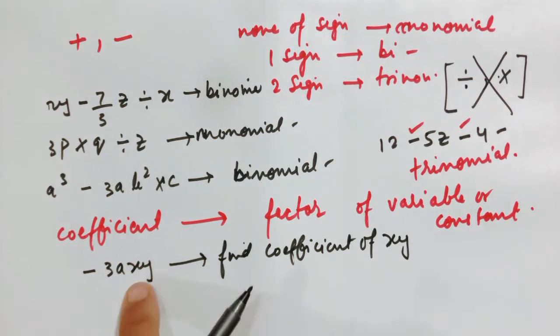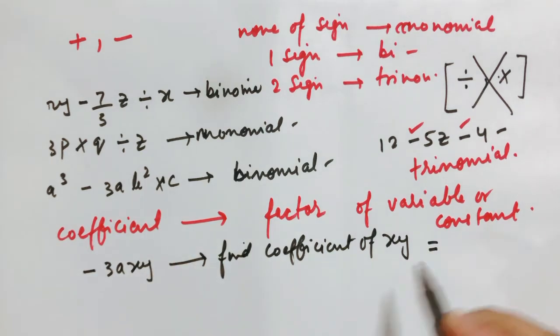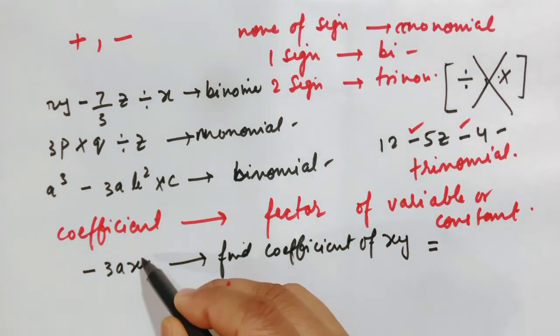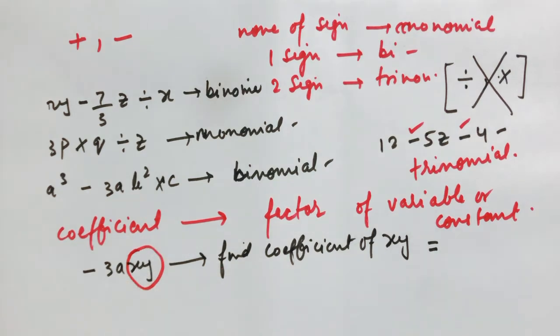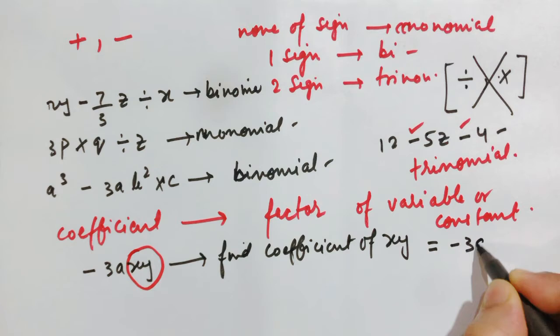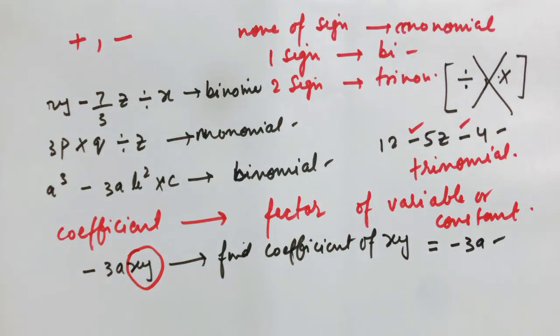So the coefficient of xy will be equal to, have a look, you remove this xy. When you remove this xy, what will you get? You will get minus 3a. Done. Simple. Take one more term, like find the coefficient of, say, the term p square y z square.